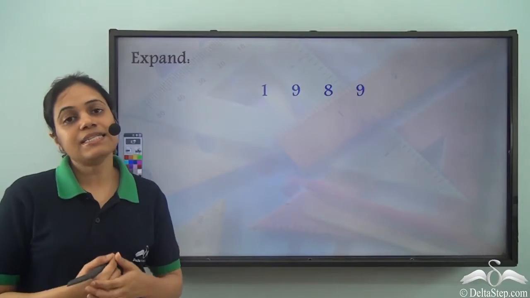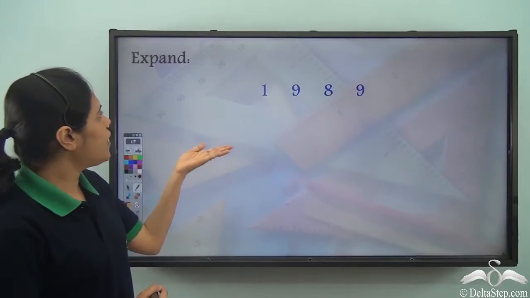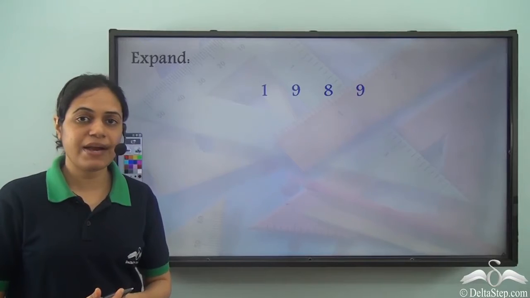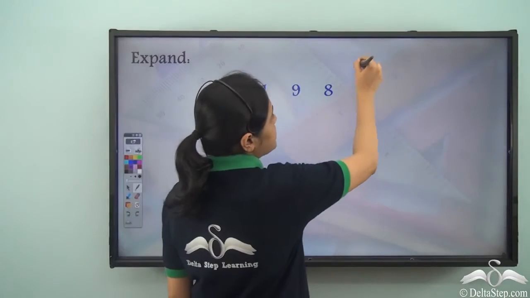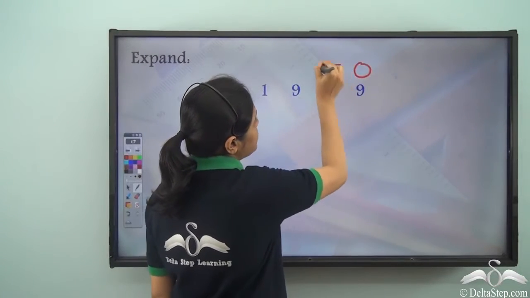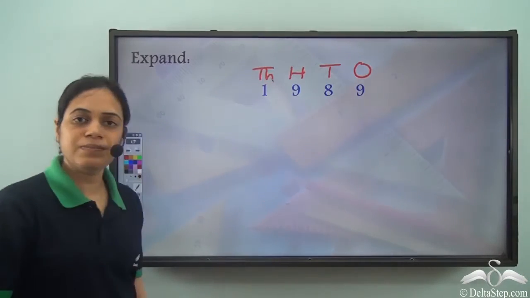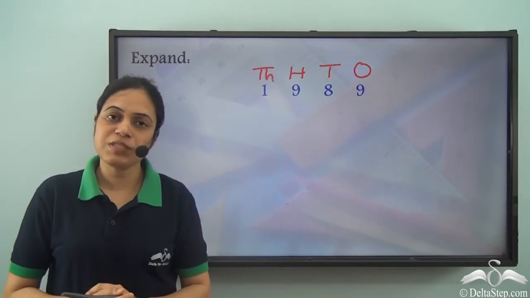So, this is another 4-digit number. Now, how can I expand this number, or how can I write this number in the expanded form? So, this is the ones place, tens place, hundreds place, thousands place. Now, 1 is in the thousands place.